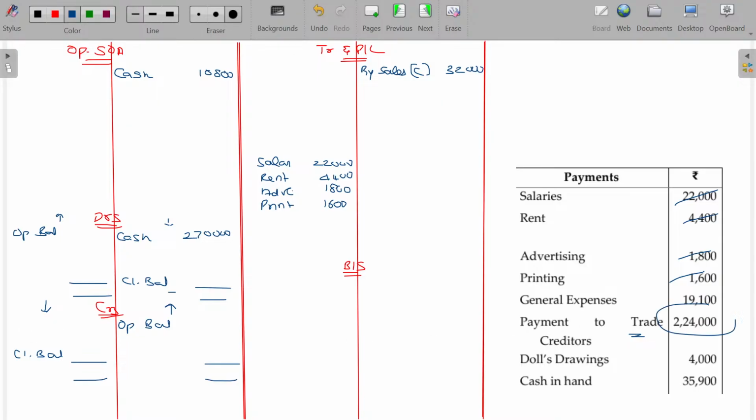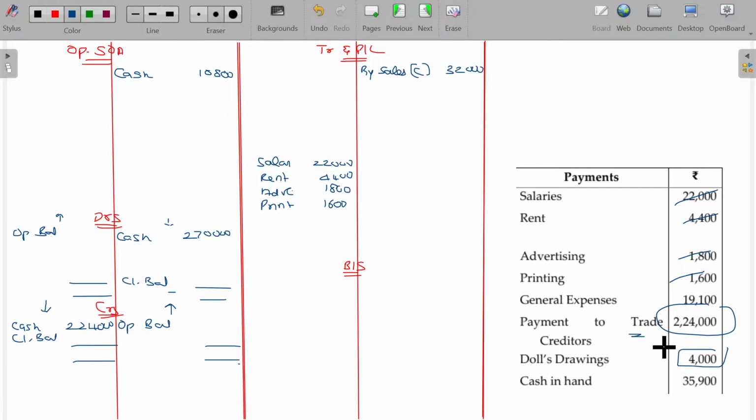Payment to creditors decreases the creditors balance, so here cash, this value being 2,24,000. Closing balance.